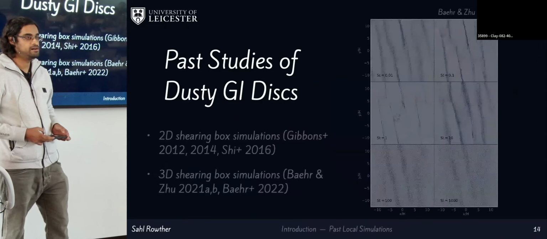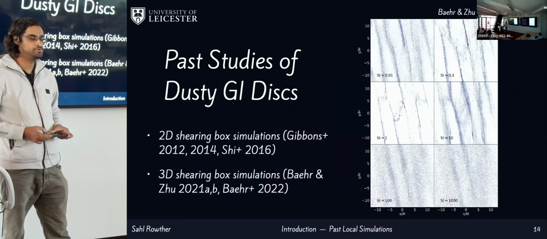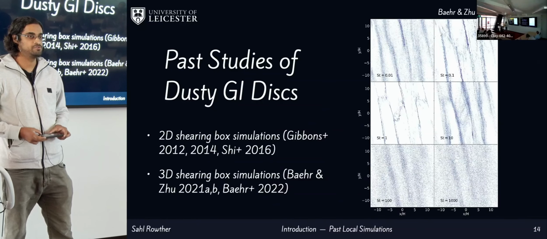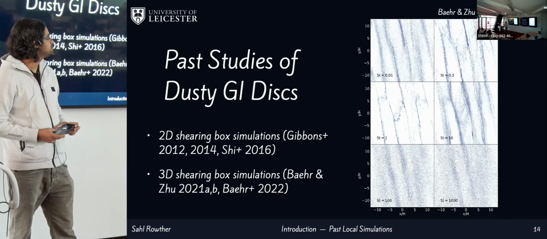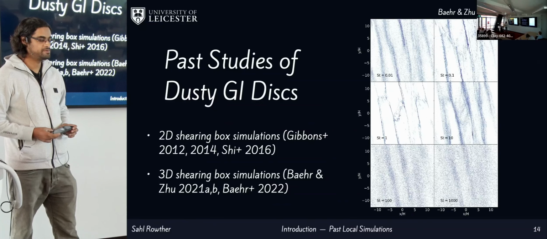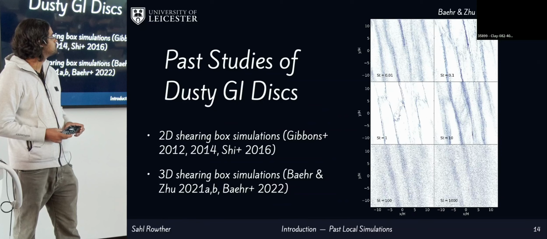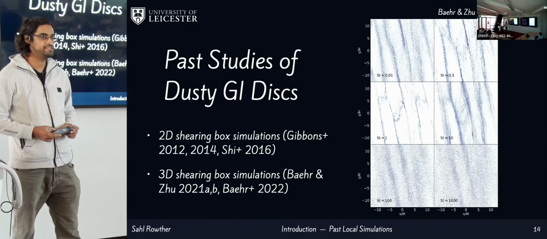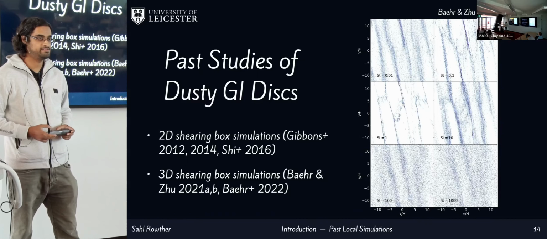And there's also been both 2D and 3D local shearing box simulations, which have shown that the dust of various grain sizes from small to large, so from Stokes of 0.01 all the way to Stokes of 1000, can trace the gas particles, albeit to varying extents.